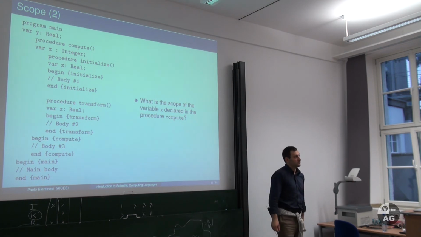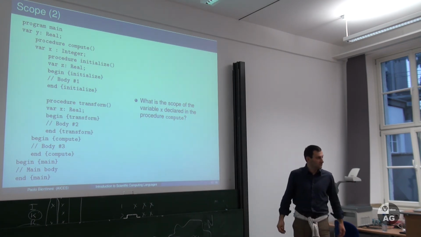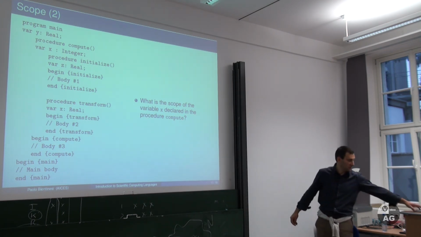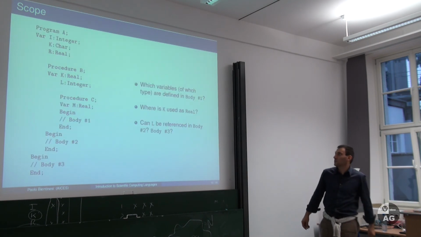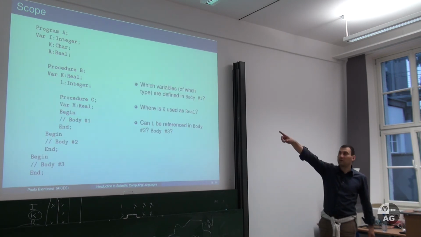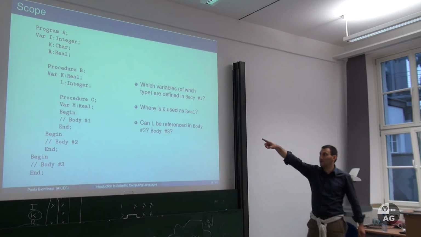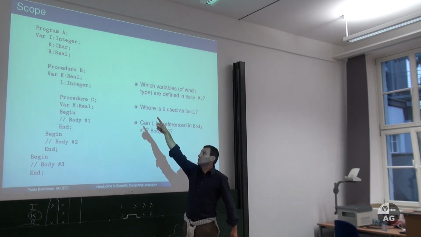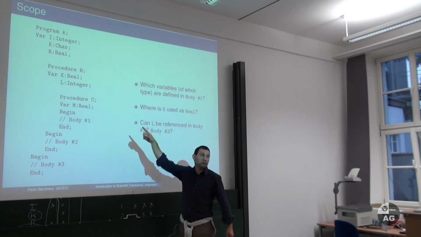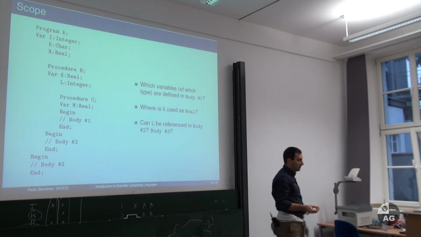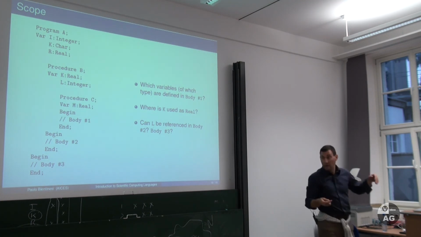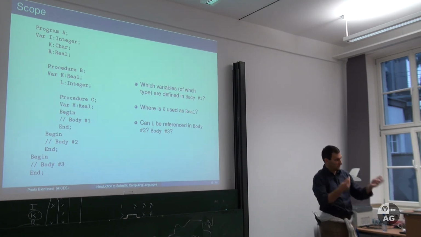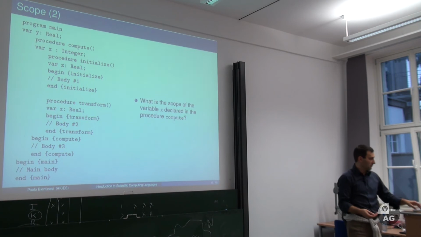That means we have two different variables. That's what we had here with the k. It was a character, and then it was a real inside B. That's perfectly fine, as long as you enter a new environment and you can have new definitions.